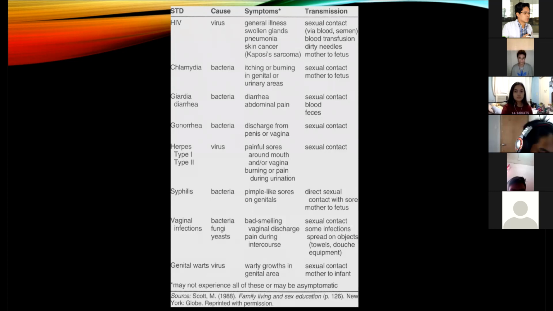Okay, gonorrhea, this is common. It is bacterial in nature. When you say bacterial in nature, it can be killed by antibiotics. But remember that this is not just ordinary bacteria. They have a thick cell wall made up of peptidoglycan and lipopolysaccharide. So it takes time for the antibiotic to dissolve the cell wall.